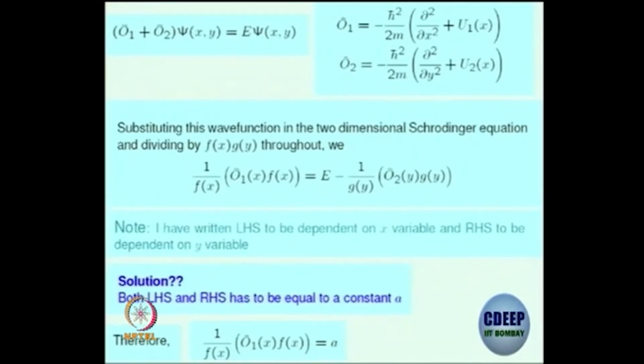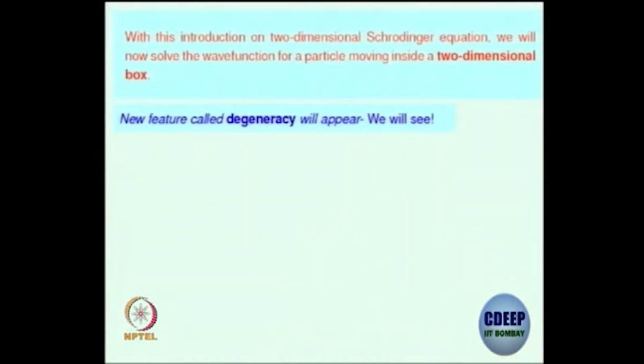Solve for f of x, and similarly you can solve for g of y, which will be the second 1-dimensional differential equation. So we will now solve for the wave function of a particle in a two-dimensional box.